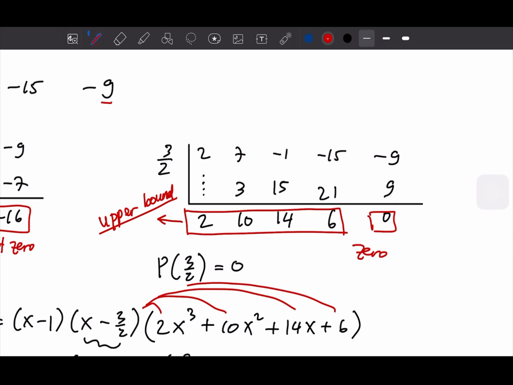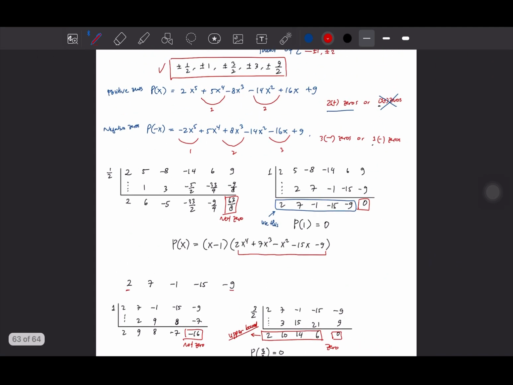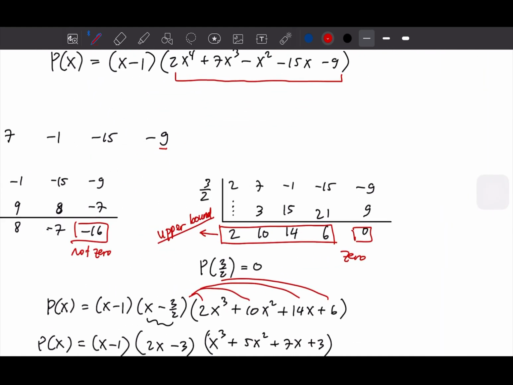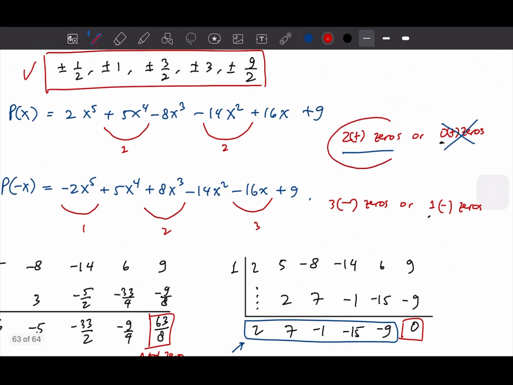So we don't need to check 3, we don't need to check 9 over 2. And of course, to confirm that we are not going to have another number, we have these two positive zeros.